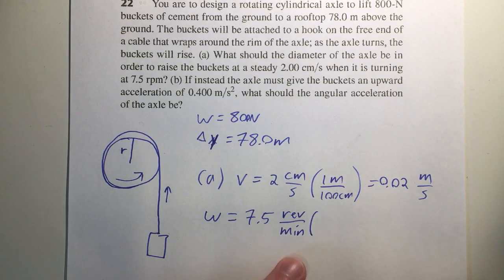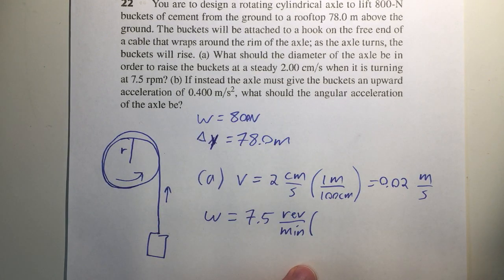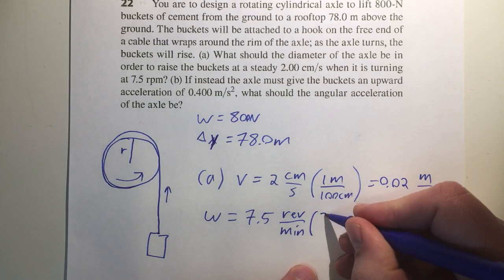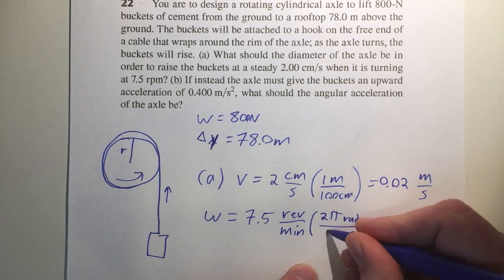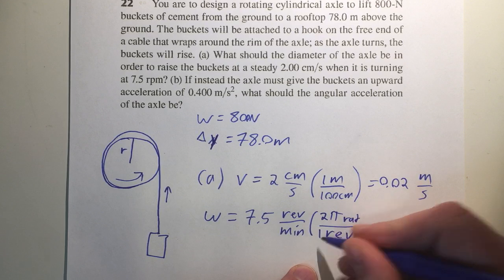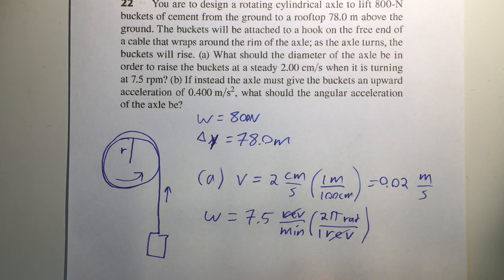So 1 revolution is equivalent to 2 pi radians. Going around one complete revolution in radians is 2 pi. So I just need to use that conversion factor. 2 pi radians is equivalent to 1 revolution, so my revolutions cancel and I end up with radians.